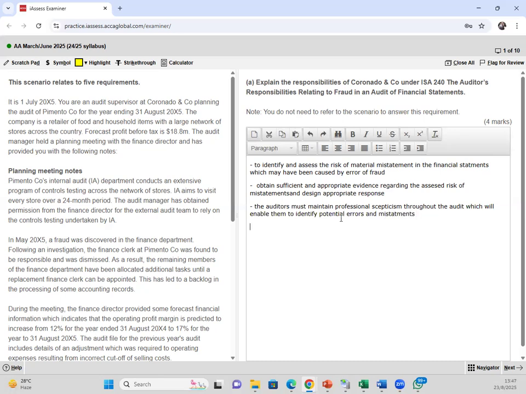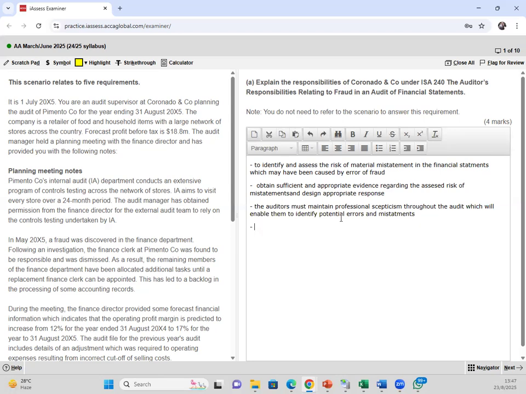So the key point here is they need to maintain professional skepticism. Having professional skepticism is having a doubting mind, not believing everything at first value. So if you're an auditor, it's your responsibility.